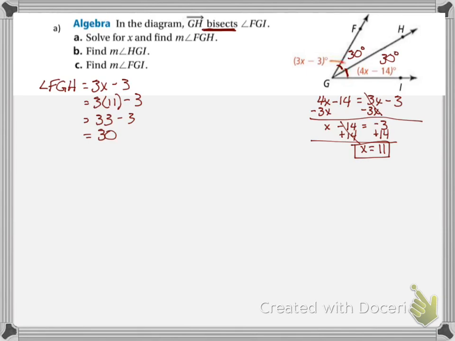Well, let's check to make sure that that's what it is. So angle HGI, and I'm going to go ahead and write the expression of 4x minus 14, where x equals 11.